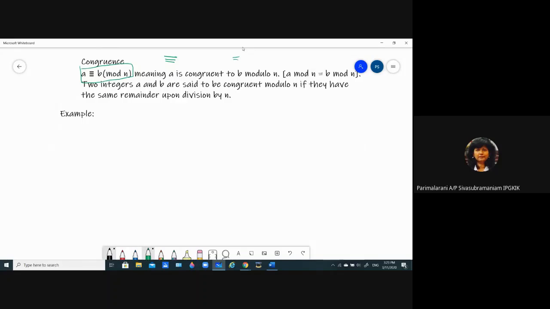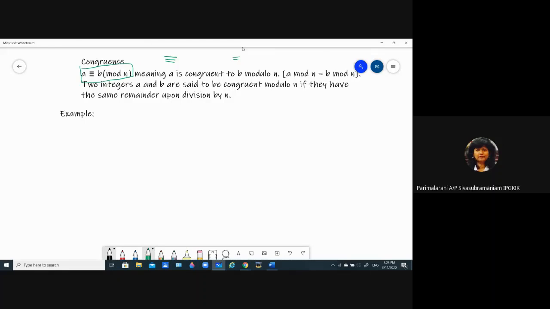This is equal. They are not the same. This is congruent and this is equal. Congruent means they are in the same category. They are in the same class because they have similar characteristics. This means they are exactly the same, equal to. A, how do we read this? A congruent B modulo N, or A is congruent to B mod N. Okay, that is how we read this.